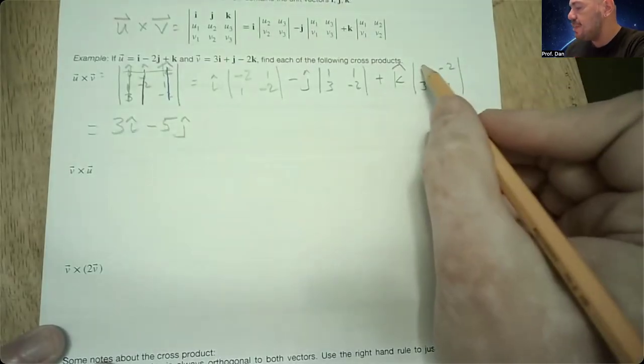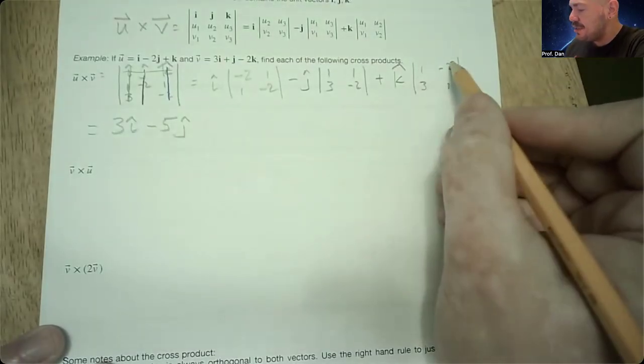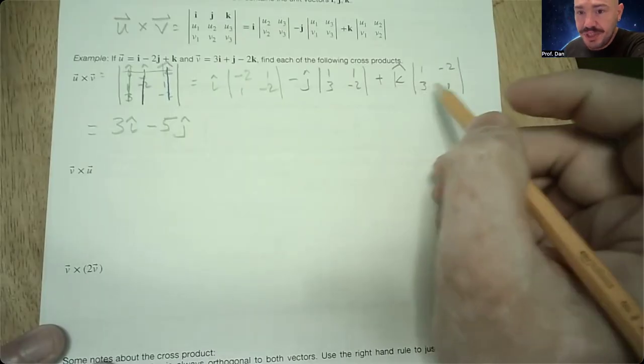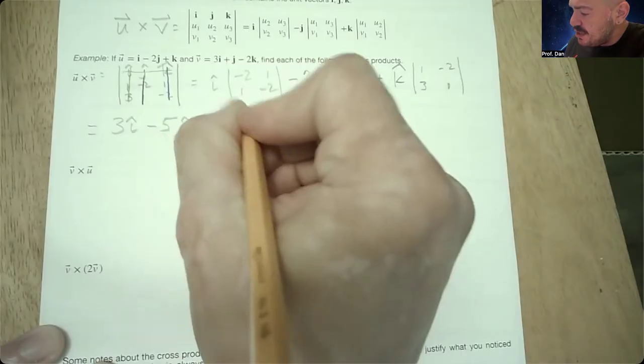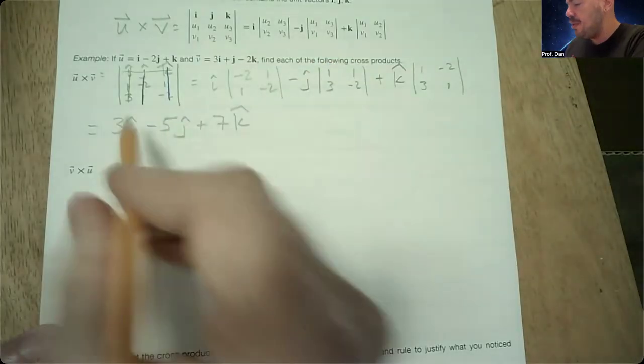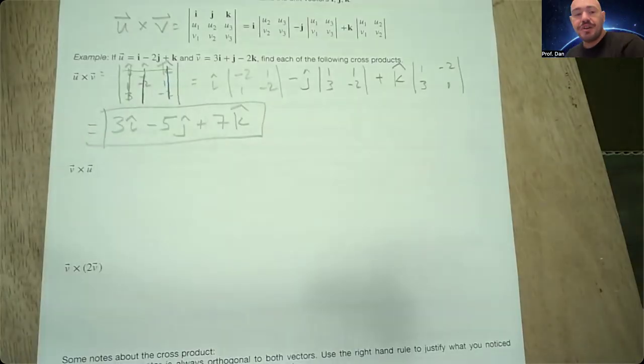And then for the last one, we have 1 minus -6. So 1 plus 6. That gives me 7k. And this vector represents the cross product of u cross v.